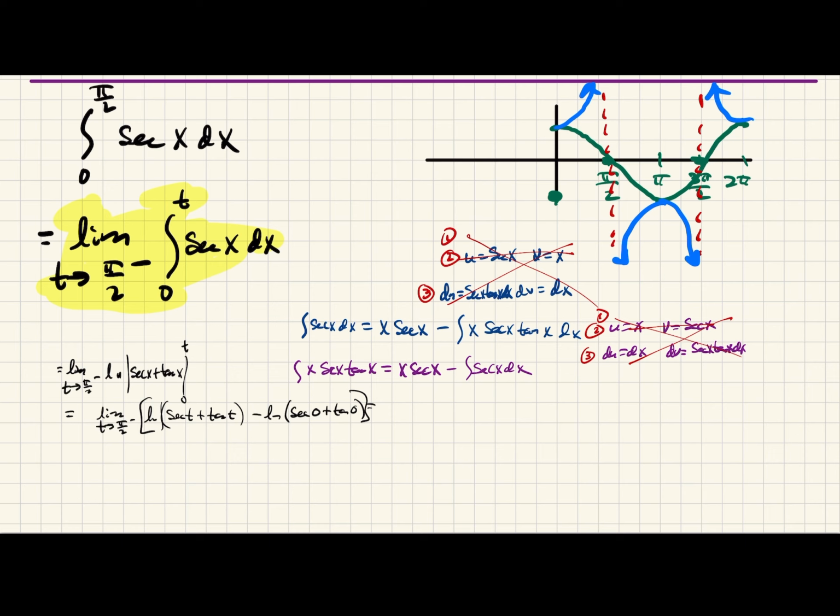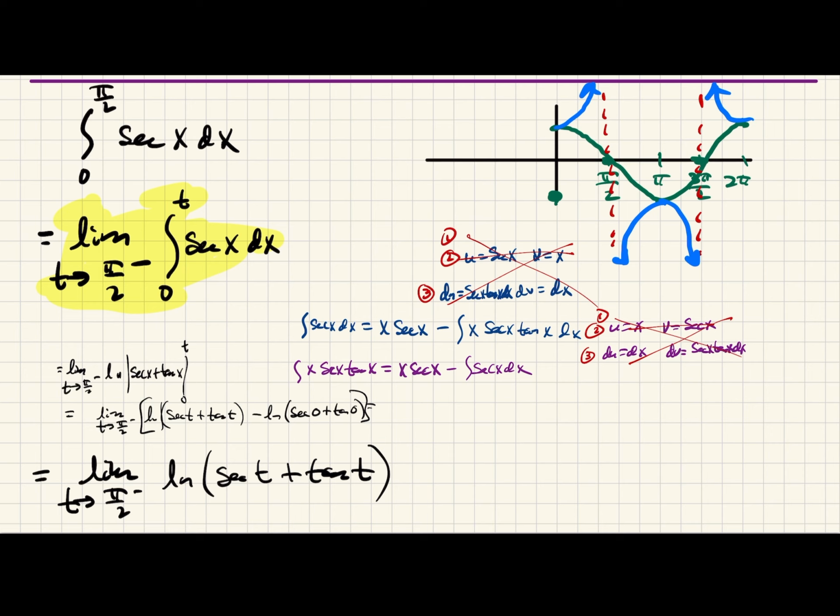So that whole second term there goes away. So all we're working with here then is the limit as t goes to pi over 2 from the left of the natural log of secant t plus tangent t.